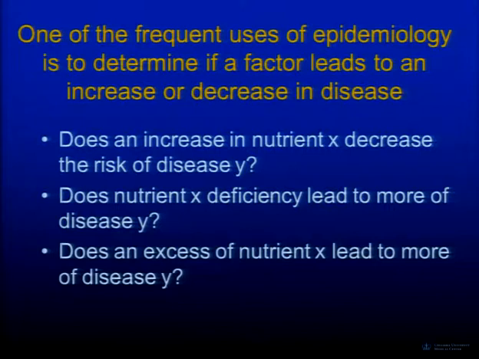In general, we're hoping with most nutritional things that we're going to be reducing disease, as long as it's healthy components of the diet. So these are the kind of questions that we might want to answer, and during the next several weeks we're going to go through different study designs that we can use to try and get at these questions.